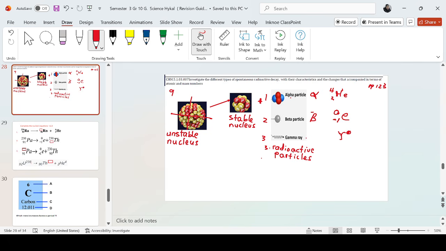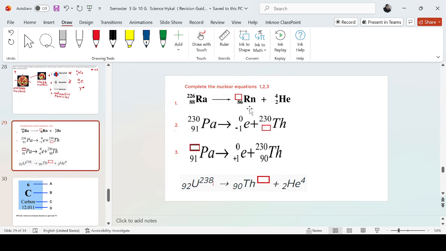Let's go now to balancing chemical equations. Radioactive particles. This one is unstable. It's very big. Big and unstable. It has to break down to form the smaller, stable particle, and this one is the radioactive particle.